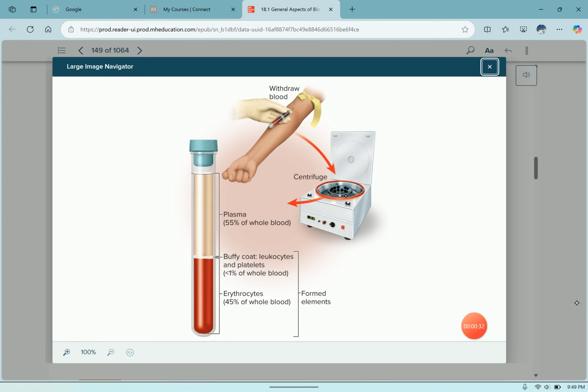And then once the centrifuge is done, this is what the blood is going to look like. It's going to be broken down into plasma, the buffy coat, and erythrocytes.